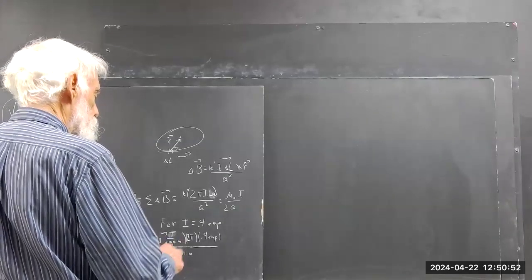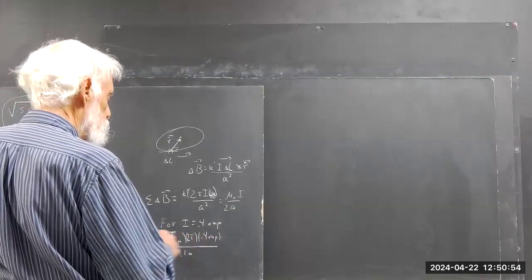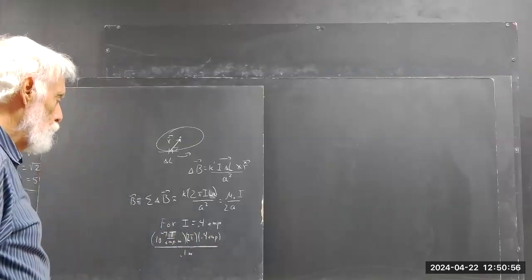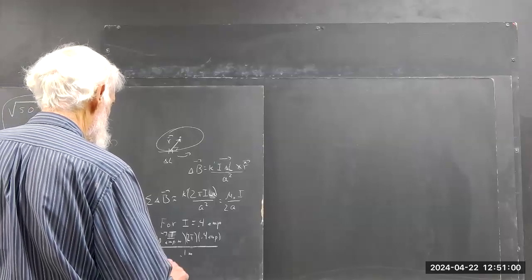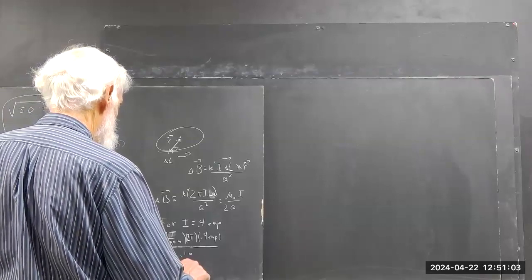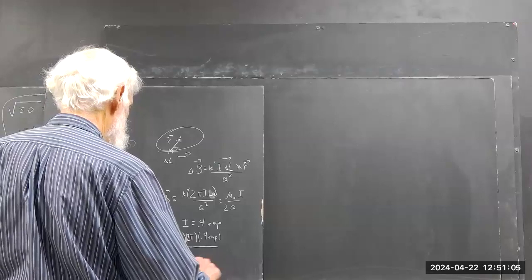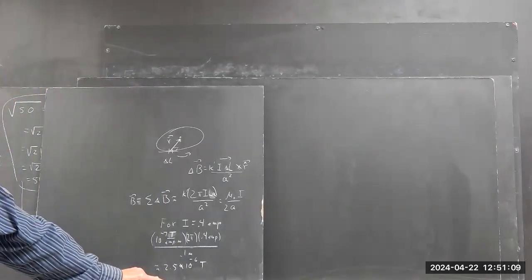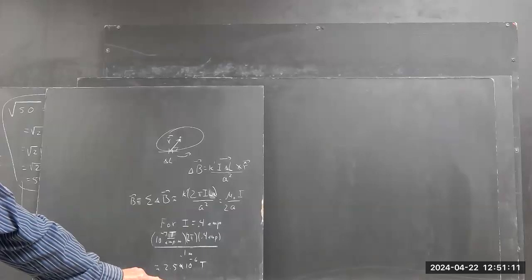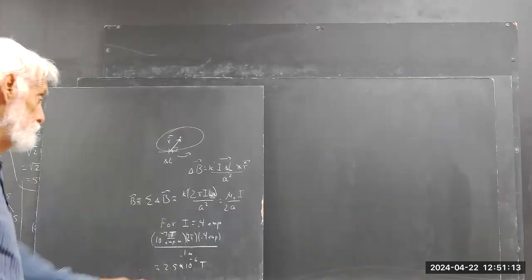What are our numbers? 10 to the negative 7th. We got 4 here, and 2 pi is about 24, 25. So unless I did something wrong, we got about 2.5 times 10 to the negative 6 Tesla. Okay, that's per loop.